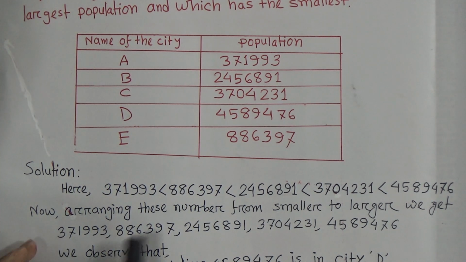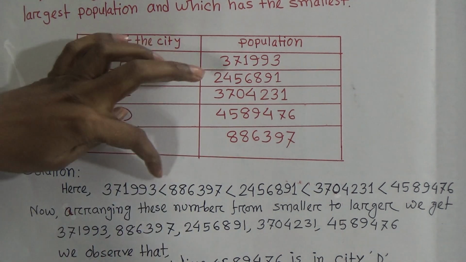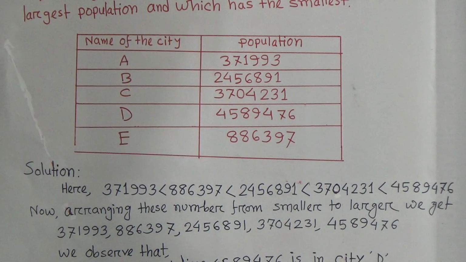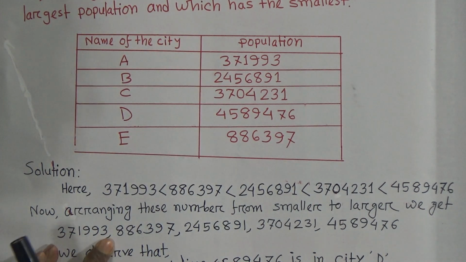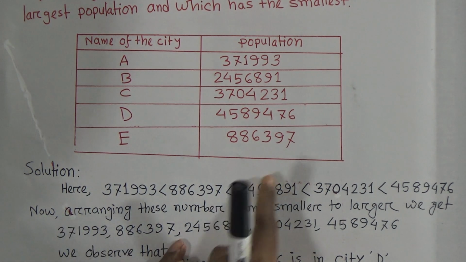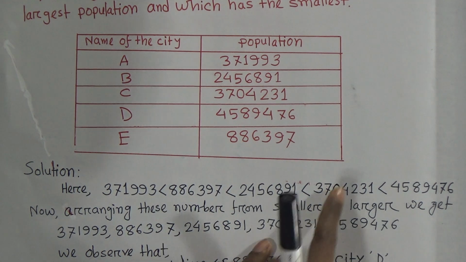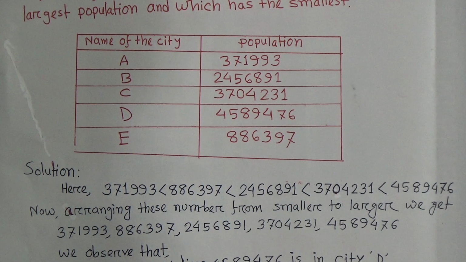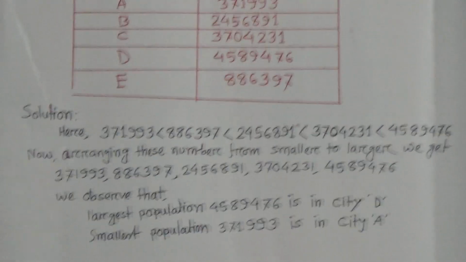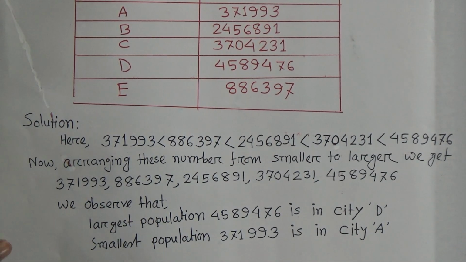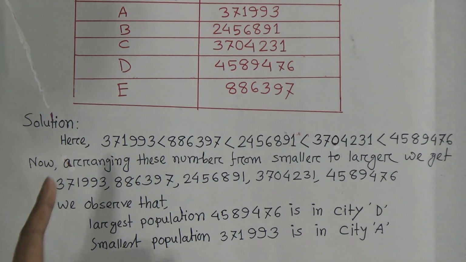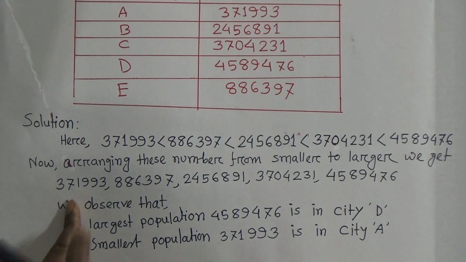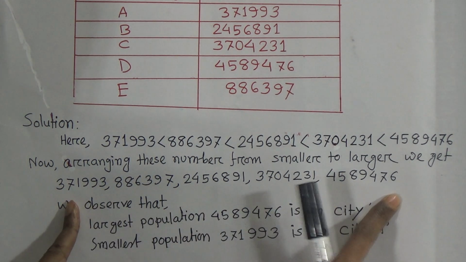That means you have to remove these symbols now. I have removed these symbols, then I have written commas here. Similarly, you put these numbers. Now, this is the required answer for arranging the population from smaller to greater.